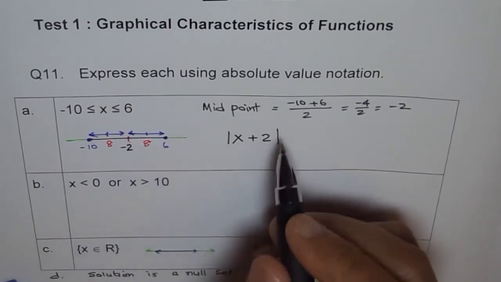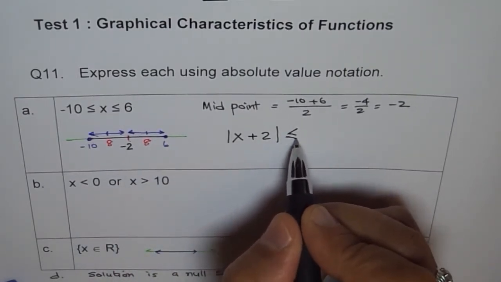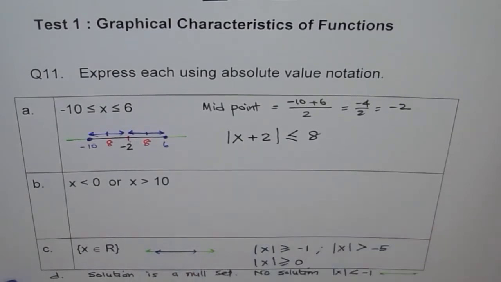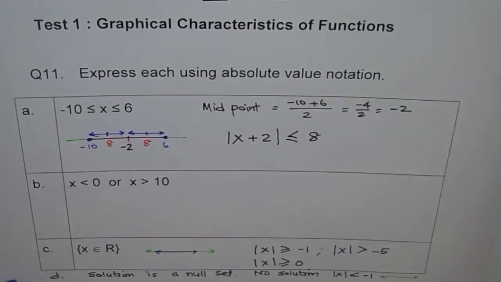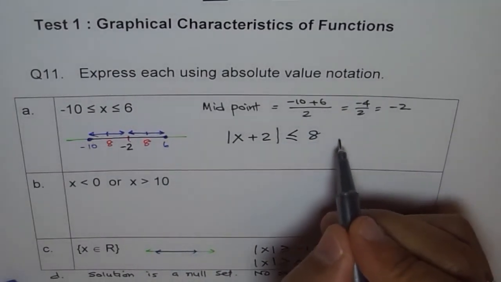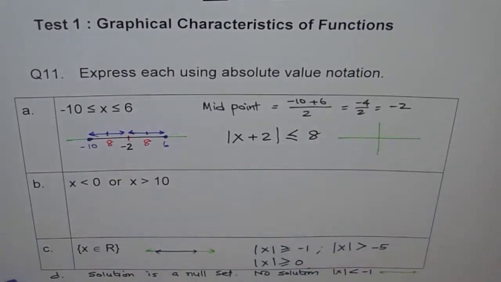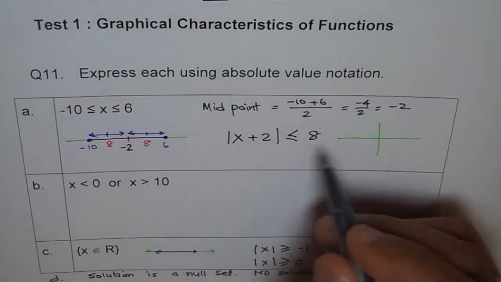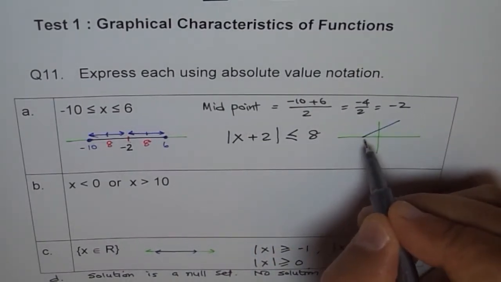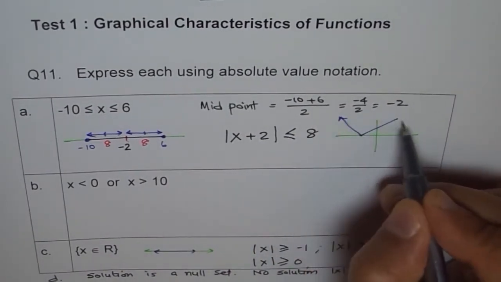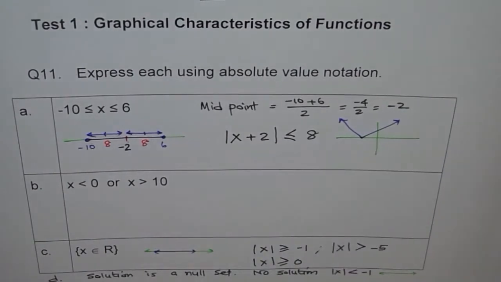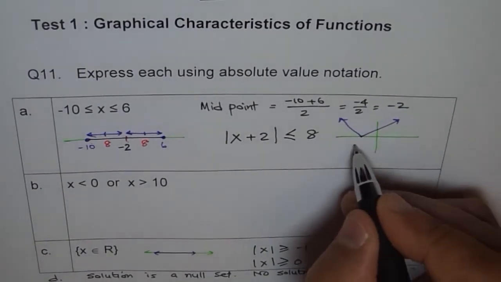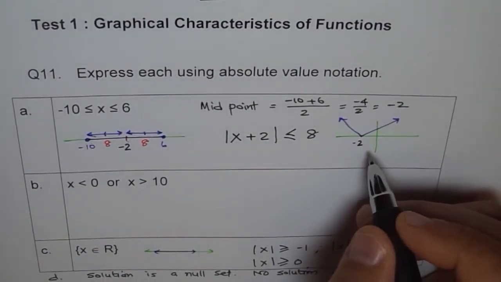Then it should be less than or equal to 8 units from here. So basically, this is our absolute function, and what we did was we shifted it 2 units to the left.